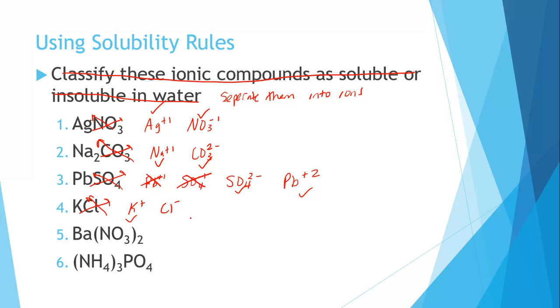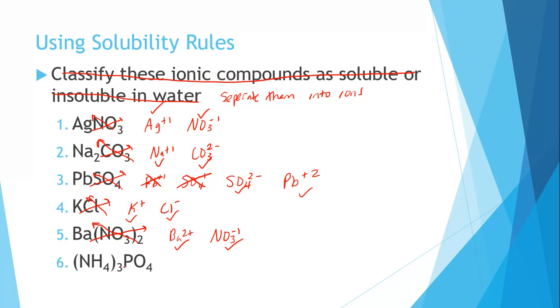When I check it, this one's good because it belongs in group 1A, and chlorine is good because it belongs in group 7A. Okay, at number 5, if we uncross them, we can uncross this 2 out here because it's outside the parentheses. And then the Ba here, so Ba2+, NO3 negative 1. If we check it, Ba is good, NO3 negative 1 is good as well.